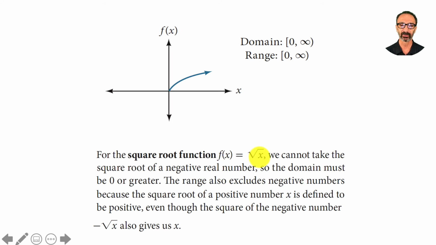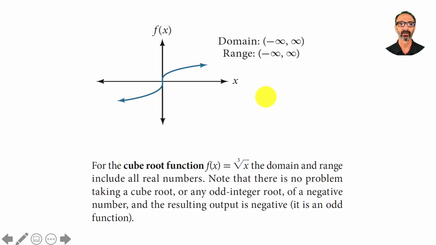Square root of 0 is 0, but you can't have negatives, so it's going to be from 0 to infinity. Range will also be from 0 to infinity, which is stated right here to speed up the process and save you some time. This is the cubic root of x. Domain is all real numbers and range is all real numbers, or differently, that's how we write it down.